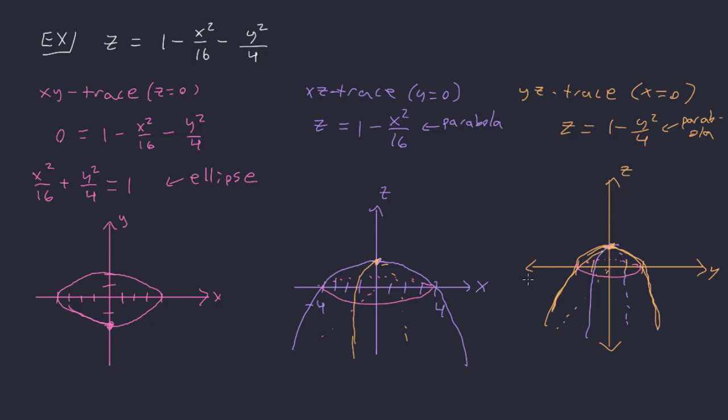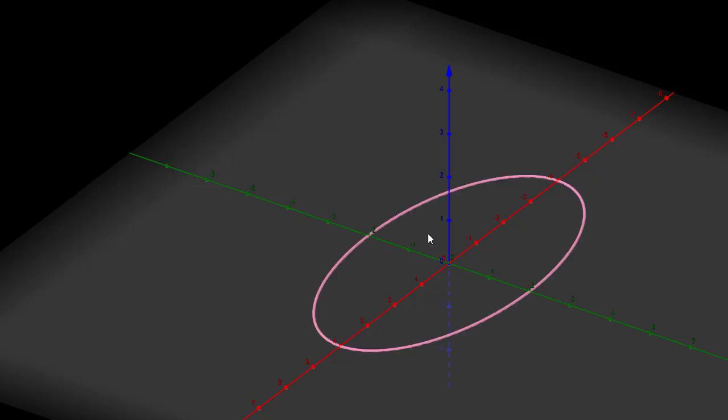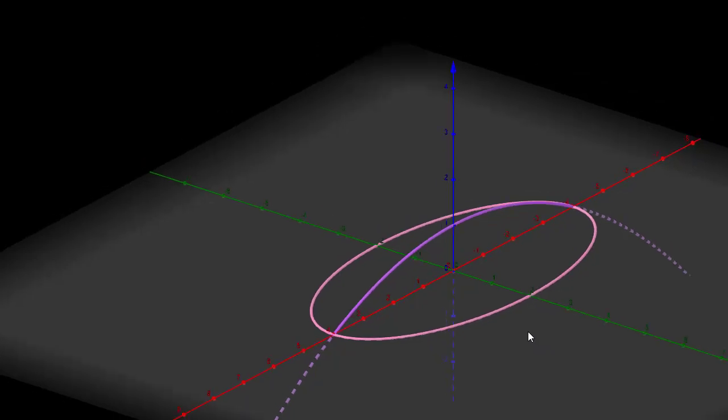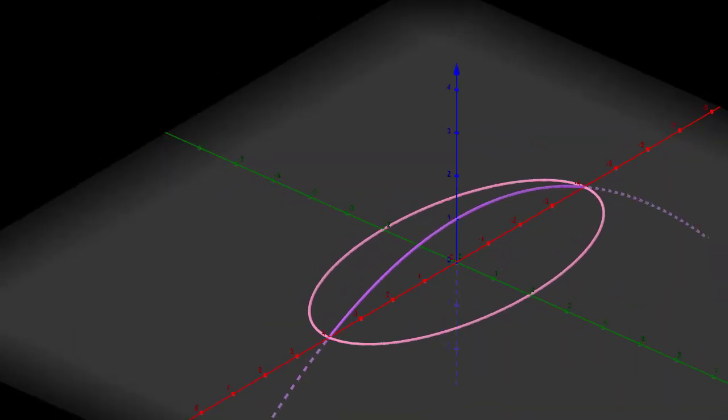But let's put these on an actual 3D graph and see if it lines up with what we just put together here. Okay, so here's our 3 space, and there's our first trace on the XY plane. There's the ellipse. There's the XZ trace, which is the parabola. And then the YZ trace, which is the other parabola.